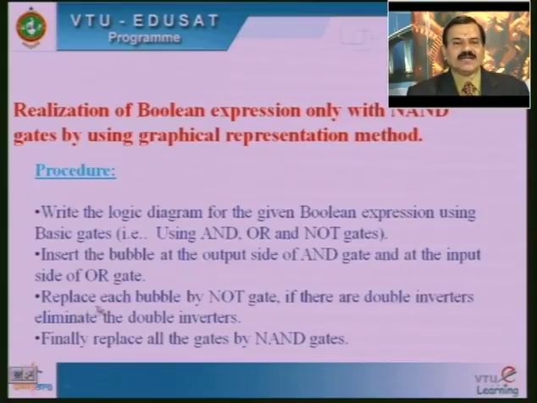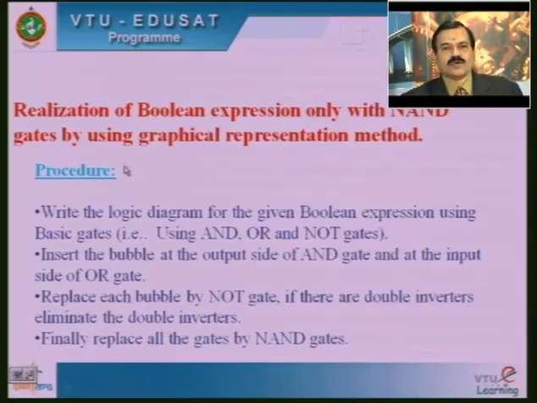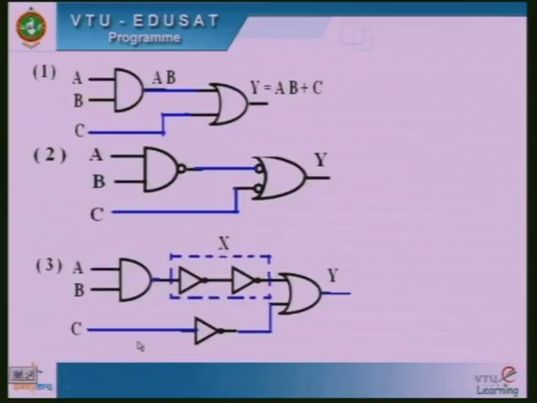After that, replace each bubble by NOT gate. If there are double inverters, eliminate the double inverter. Finally, replace all the gates by NAND gates. These 4 points to be kept in remembrance when you are going to operate this particular NAND gate operation.